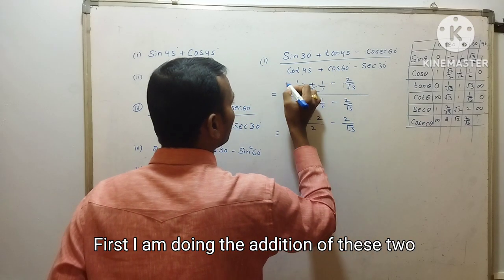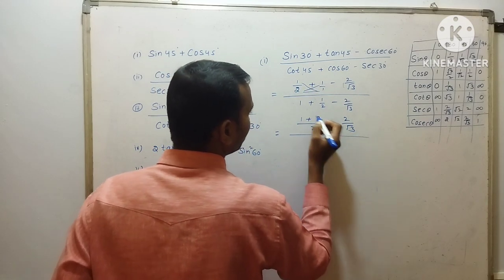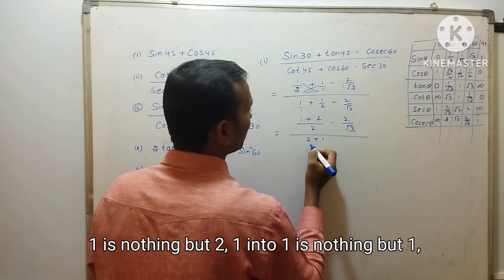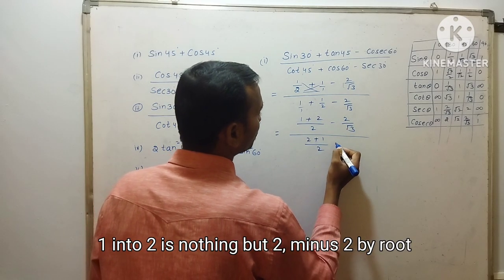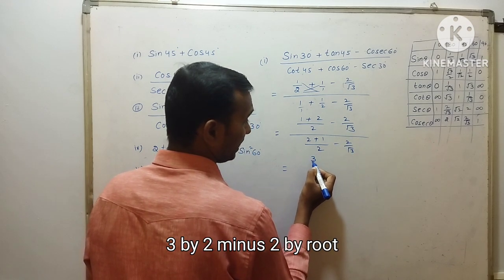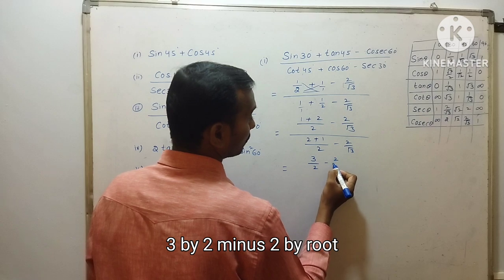First, I am doing the addition of these two fractions. In the denominator also the same. 1 into 1 is nothing but 1. 1 into 2 is nothing but 2. Minus 2 by root 3. 3 by 2 minus 2 by root 3.